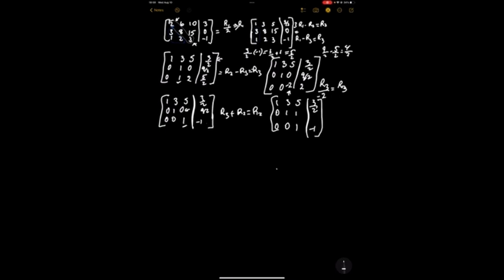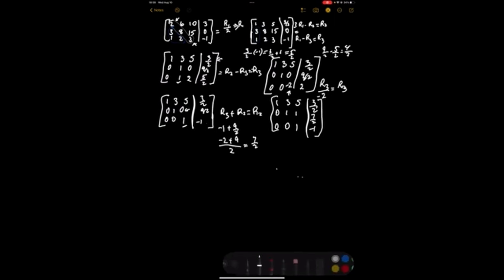What is negative 1 plus 9 halves? Well, negative 1 plus 9 halves is equal to negative 2 plus 9 over 2. And that's equal to 7 over 2. So that's equal to 7 halves. And guess what?